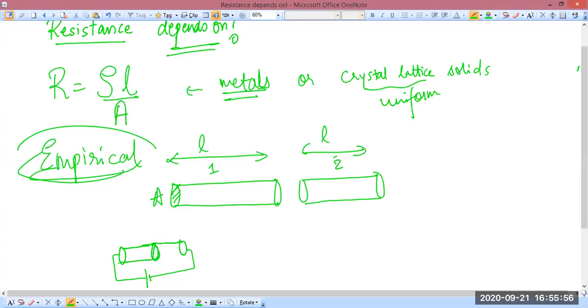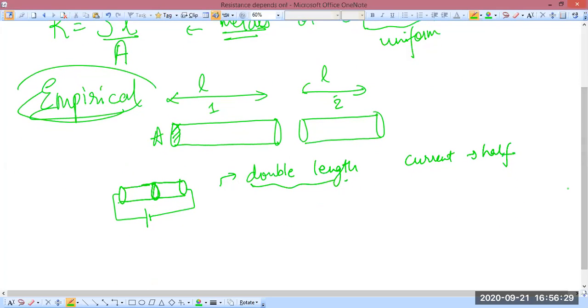So now it was like a longer wire, double length. I hope you realize that now we are talking about double length. So they noted that when we only change the length and we double the length, we see that the current becomes half.